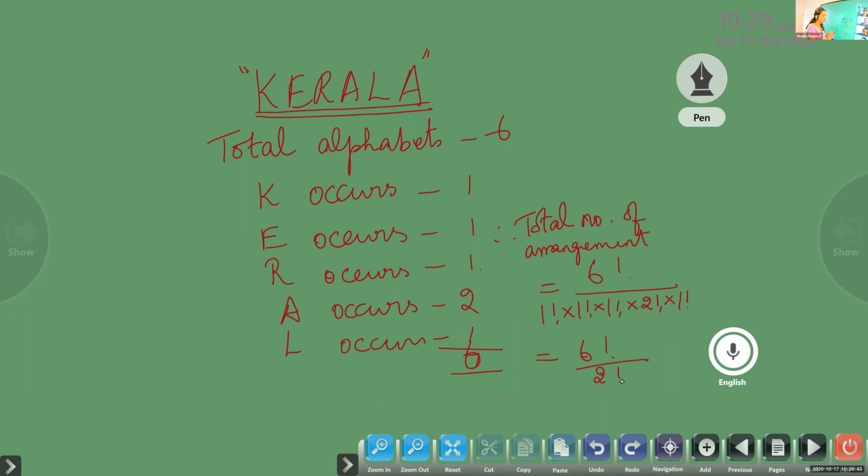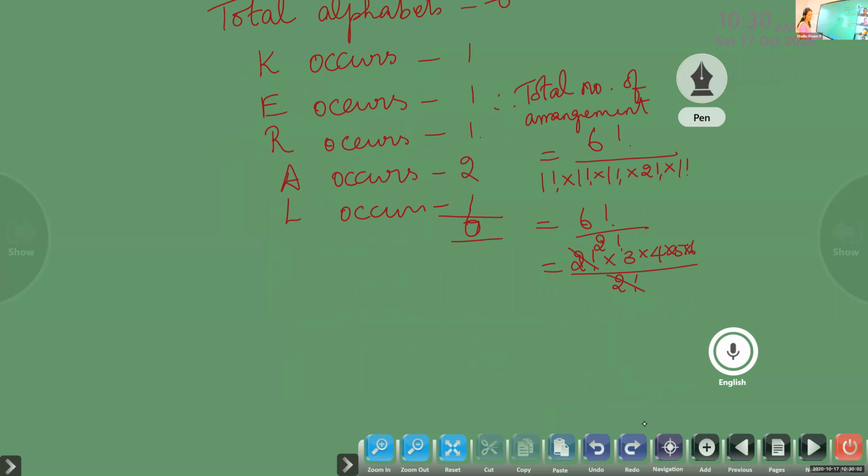The bigger one should be expressed in terms of the smaller, isn't it? That is the method we learned. Which is bigger, 6 or 2? 6 is bigger. So we can write this as 2 factorial into 3 into 4 into 5 into 6 by 2 factorial. Then cut short it, we'll get the answer. What is the answer, Nandana?